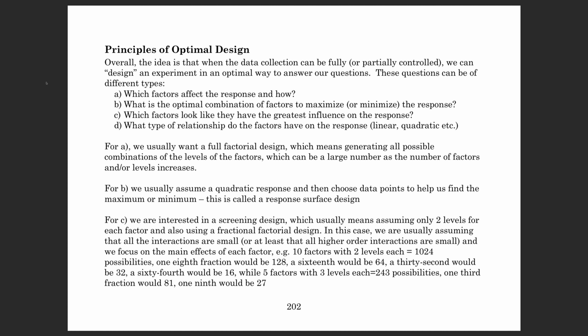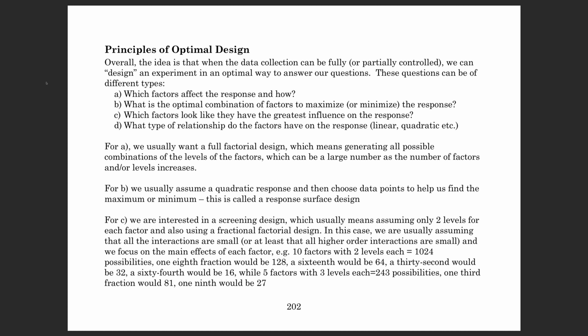So how would we respond to these different types of question? So for type A, which means which factors affect the response and how, we usually want a full factorial design, which means generating all possible combinations of the levels of the factors, which, as I said, can be a large number as the number of factors and or levels increase.